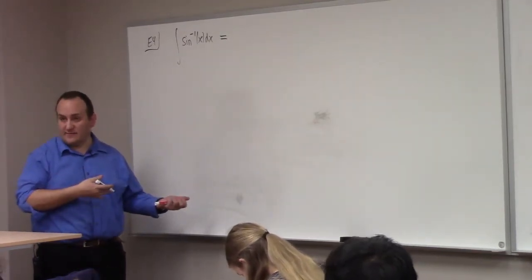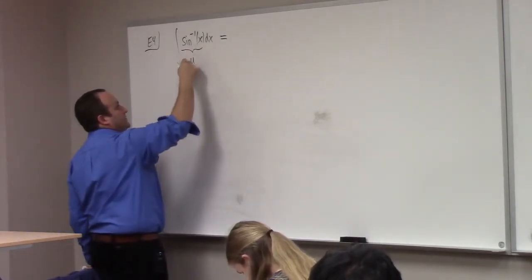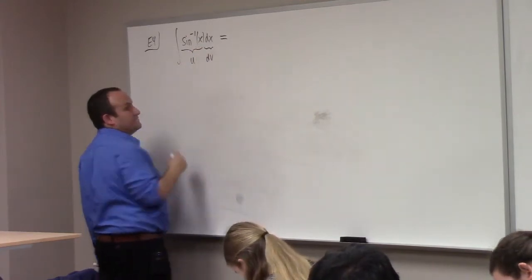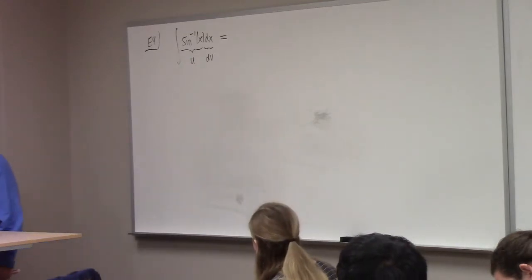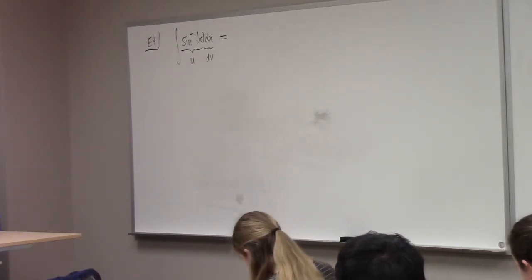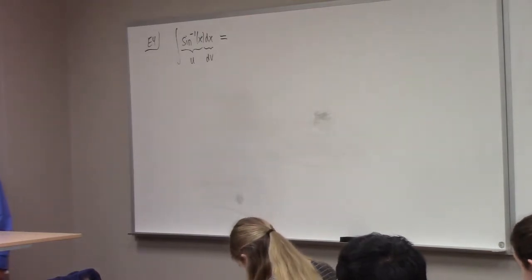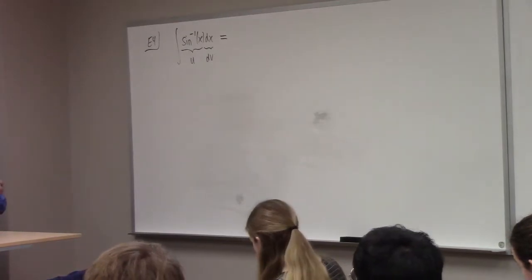We don't know how to integrate it at the moment. So I pretty much have to make this u, and I pretty much have to make the dx dv. You notice as we're doing this that we don't make the choice of u or the choice of dv in isolation. They're a package deal. You have to declare both, right?